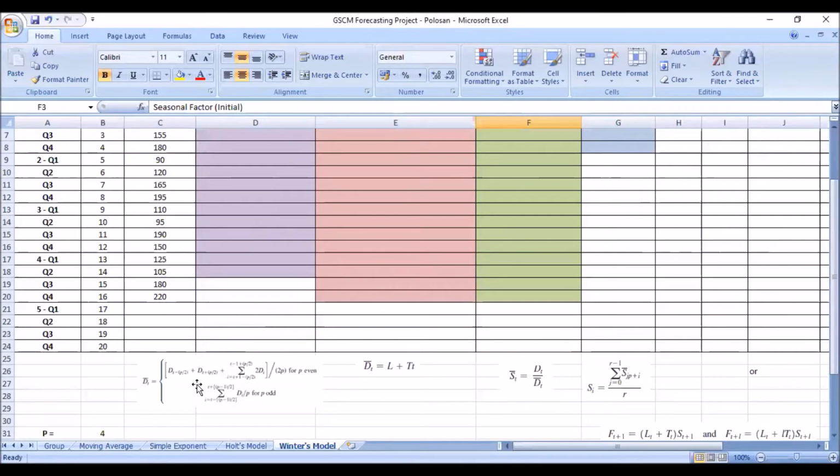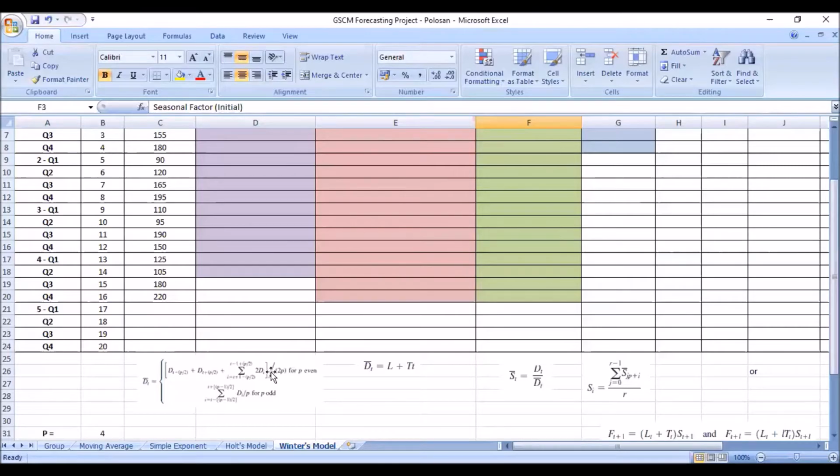The formula for the initial deseasonalized demand is as follows: the demand of the first period and the first period of the second quarter, plus the sum of the demand from the second period onward multiplied by 2, divided by 2 multiplied by the period, which is 4 in this case because there are 4 years and 4 quarters, and 16 divided by 4 is 4. That's for when P is even.